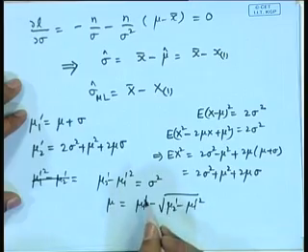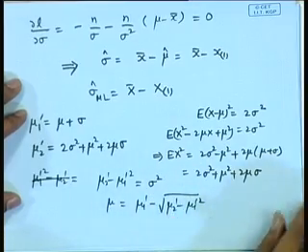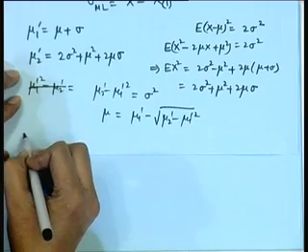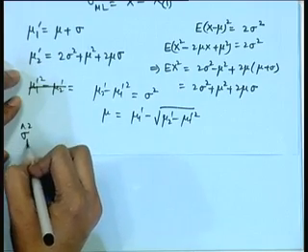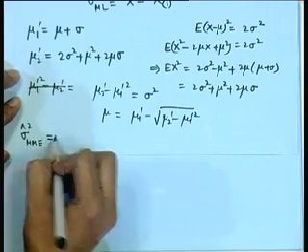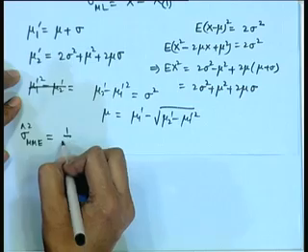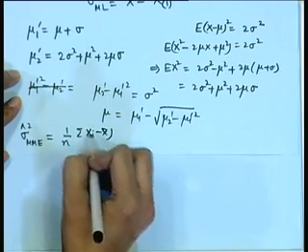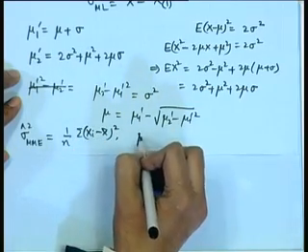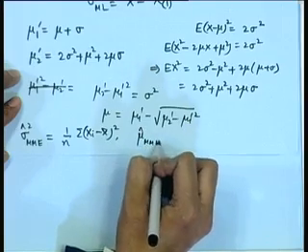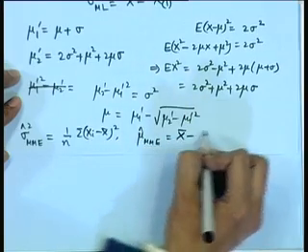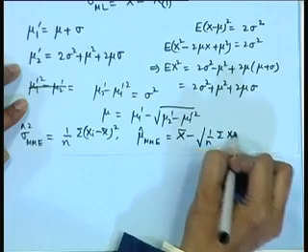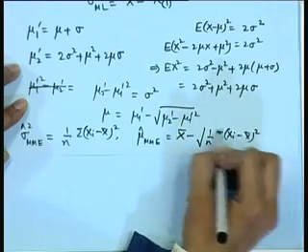So, the method of moments estimators for mu and sigma square will be obtained as sigma hat square MME, that is equal to 1 by n sigma x i minus x bar whole square, and mu hat MME will be equal to x bar minus square root of 1 by n sigma x i minus x bar whole square.